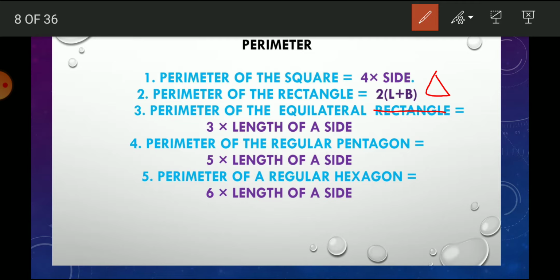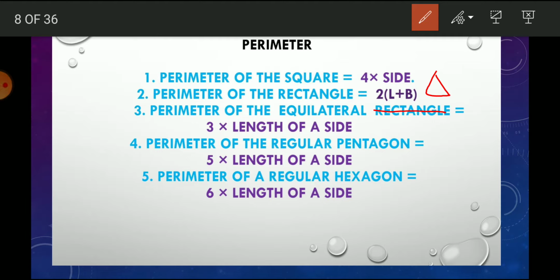What is a regular polygon? If we define regular polygon shapes, all sides are equal. Like a regular pentagon, hexagon, octagon, nonagon, heptagon, whatever, all sides are equal. So when all sides are equal, it is called a regular polygon.